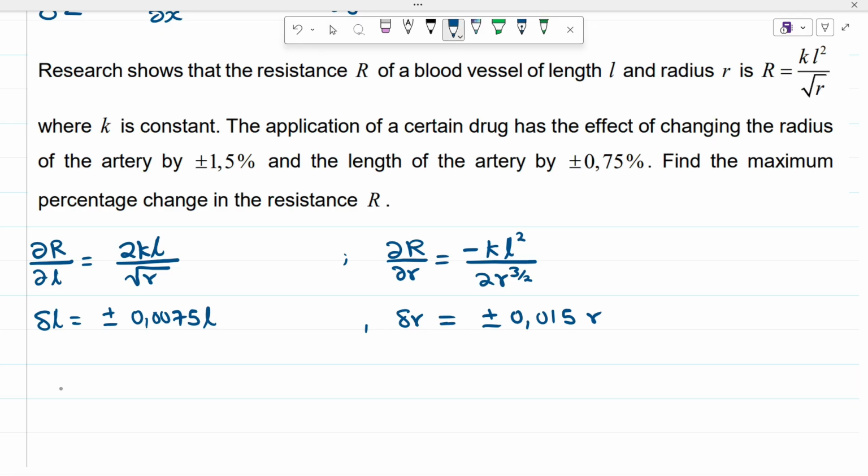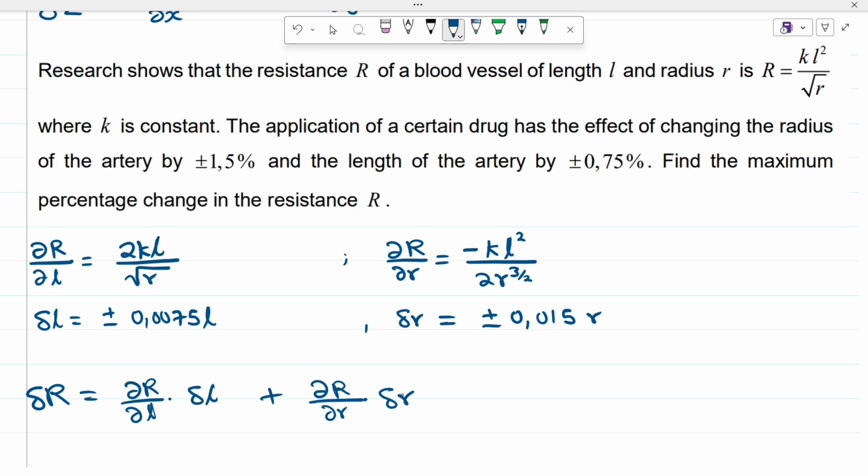So that means that our maximum percentage change in R is equivalent to the partial derivative of R with respect to L multiplied by the small change in L, plus the partial derivative of R with respect to r multiplied by the small change in r.